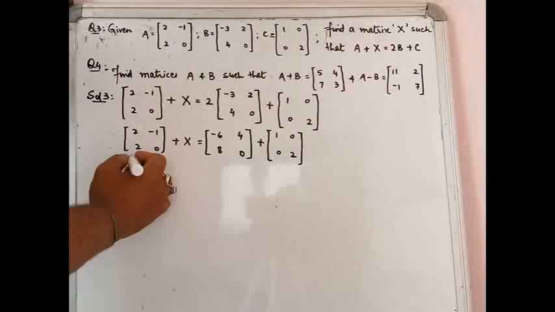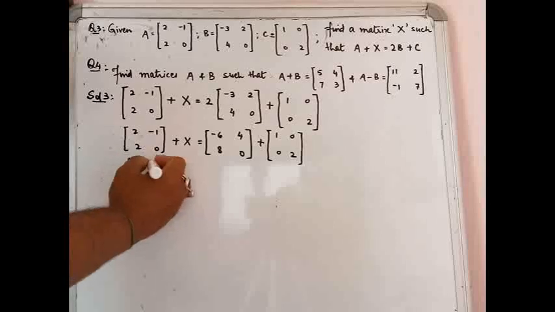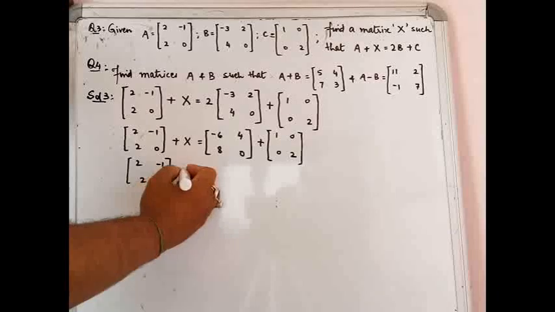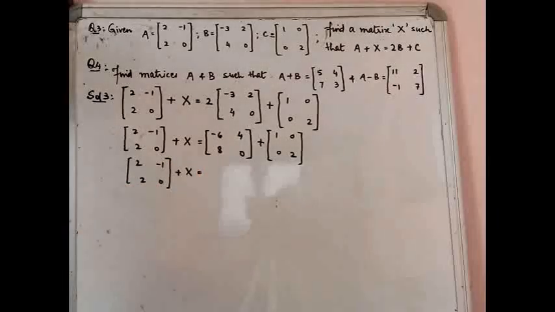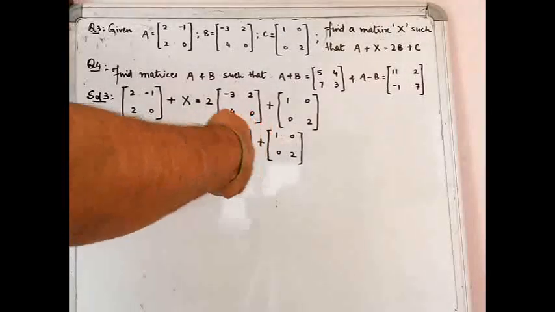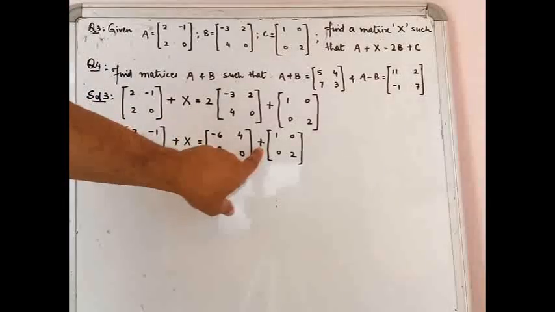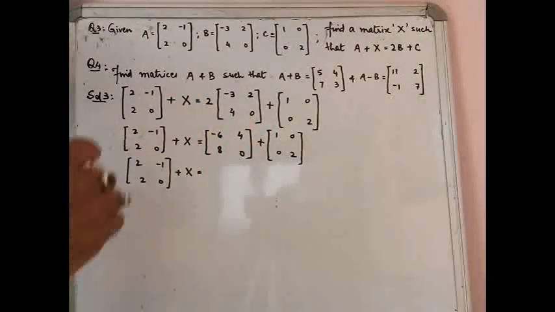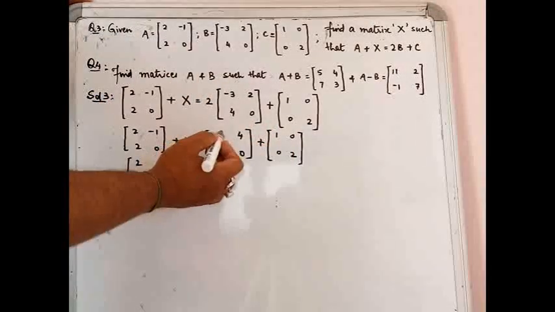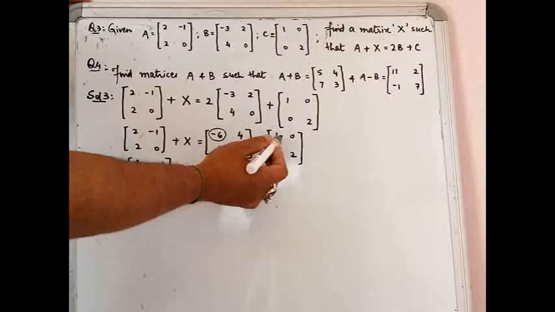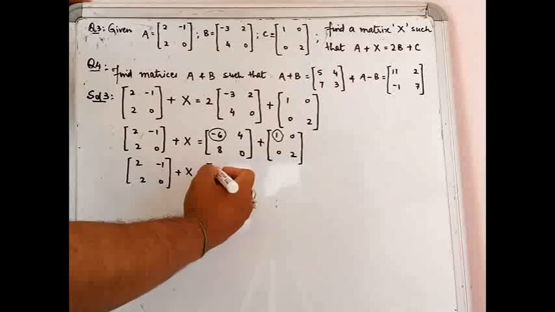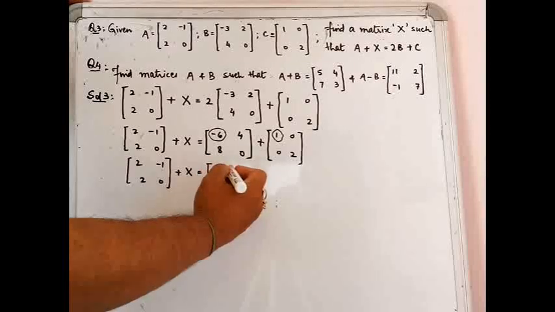Once again we have 2, minus 1, 2, 0 plus X will be equal to, now if you have a look, these are the two matrices on the right hand side which are getting added up. Their orders are the same, so the individual corresponding elements will be added together. This minus 6 will get added with the 1 over here, so minus 6 plus 1.